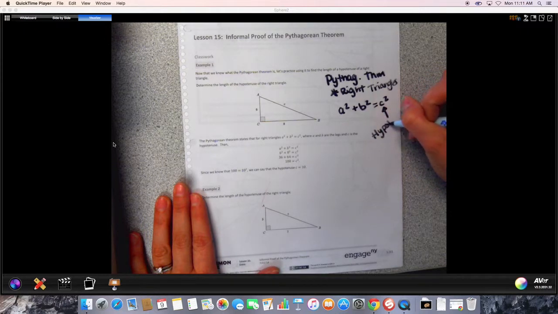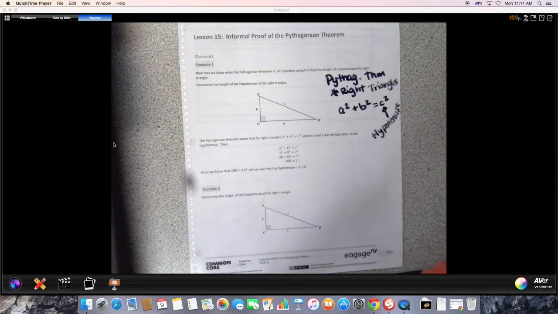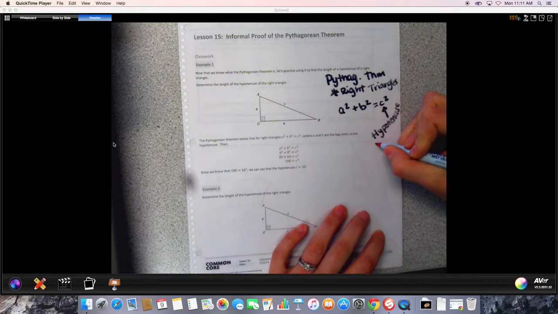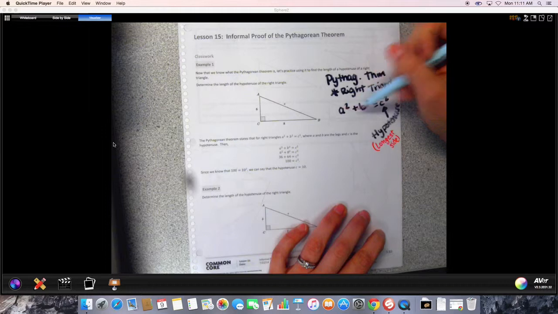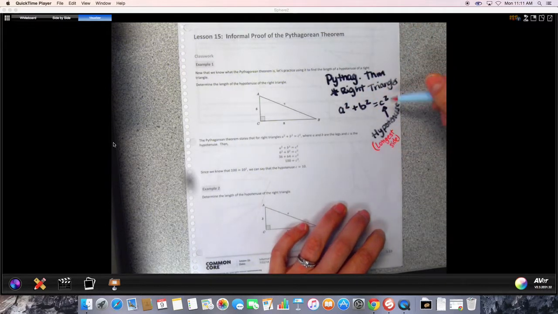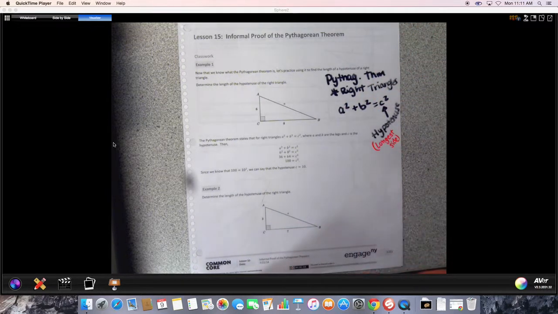And for those people that don't remember, hypotenuse means the longest side of the triangle. So A and B can be the other two legs. They can go in any order, but C must be the hypotenuse.